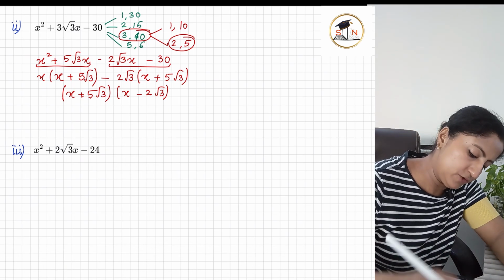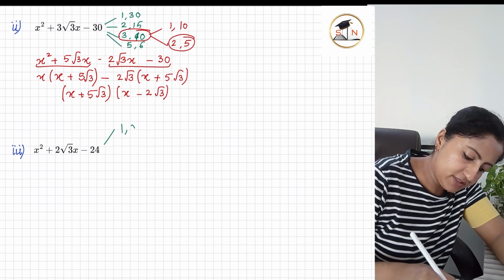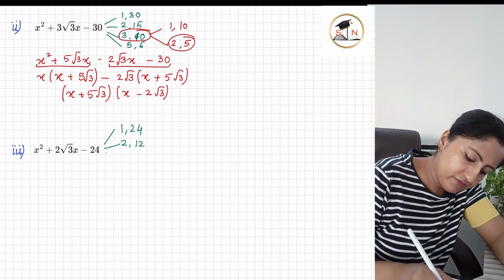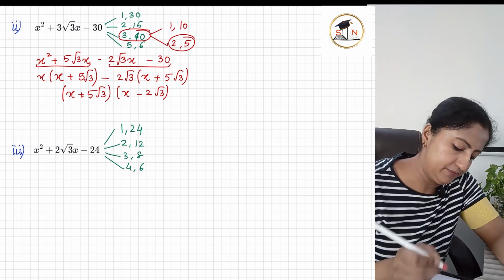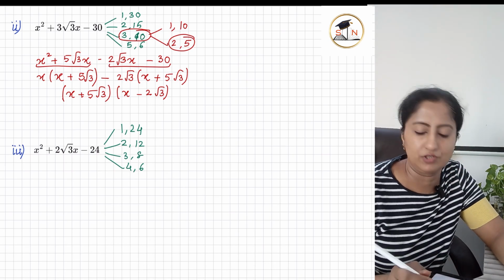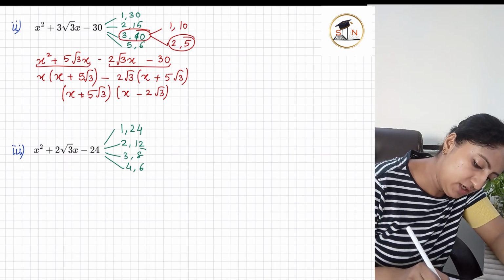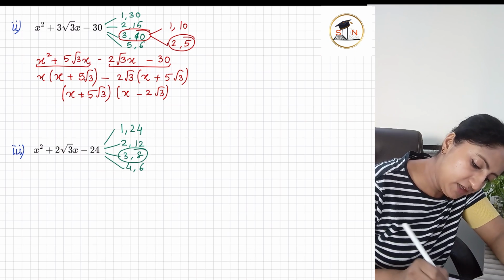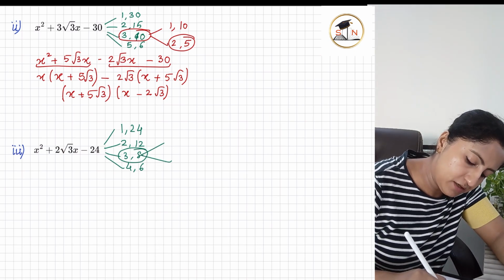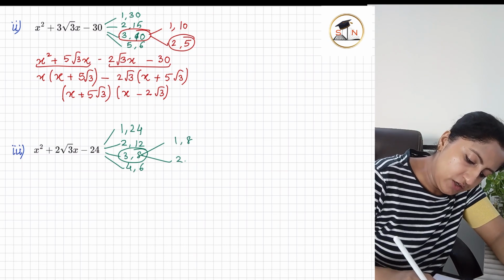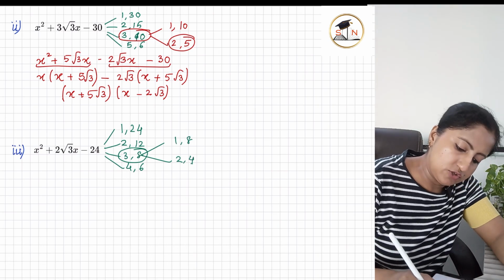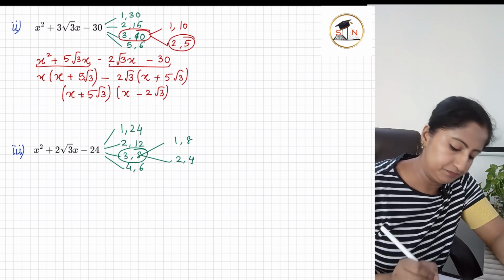Okay, let's do the third example. Now, factorizing 24. The first is 1 and 24. Second, 2 and 12. 3 and 8. 4 and 6. Now, again, root 3. So many questions with root 3. So we are selecting 3 and 8. Now we need to break 8 apart such that we get 2. The factors are 1 and 8, 2 and 4. So 2 and 4 upon subtraction gives me 2.